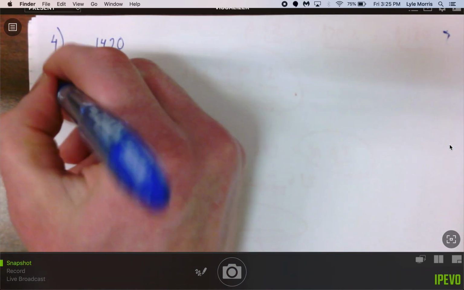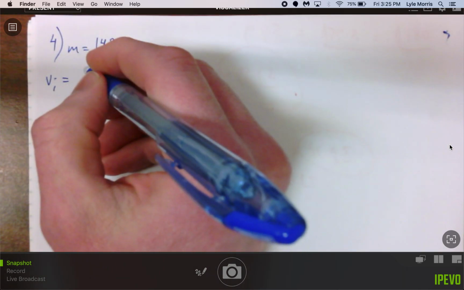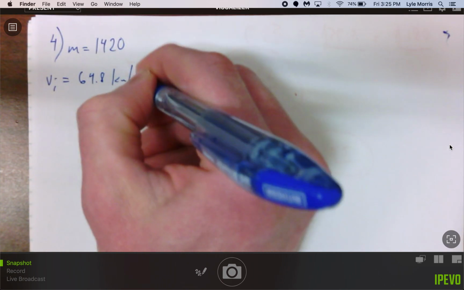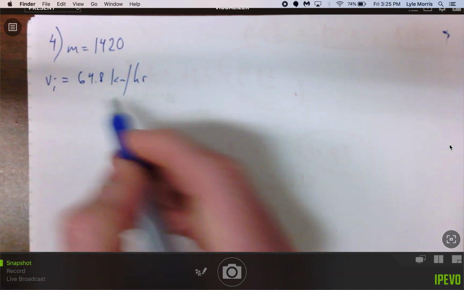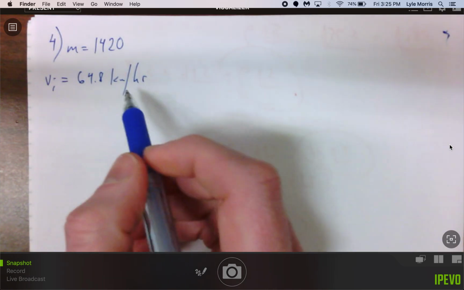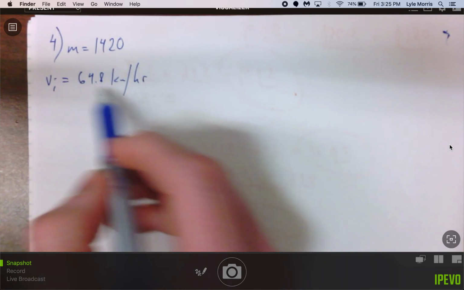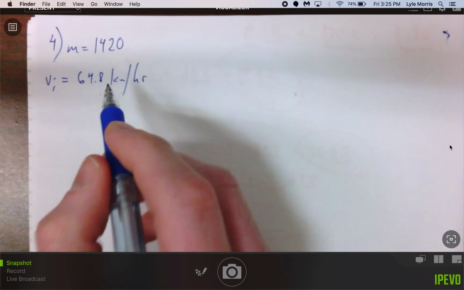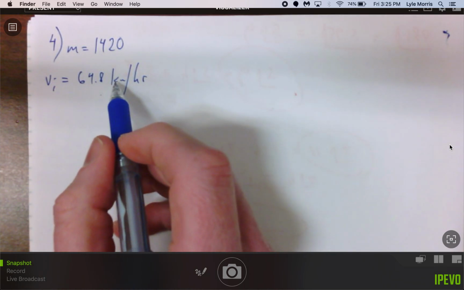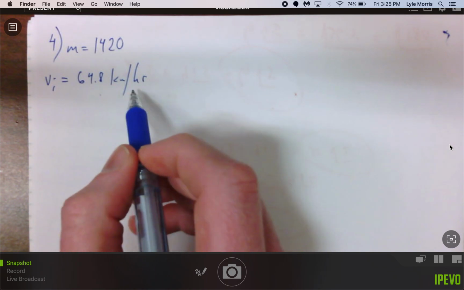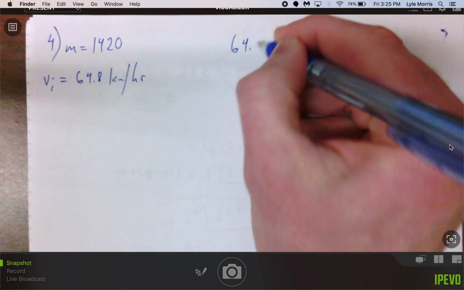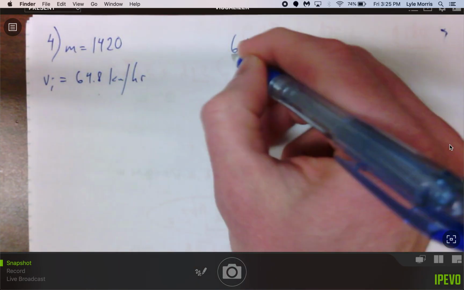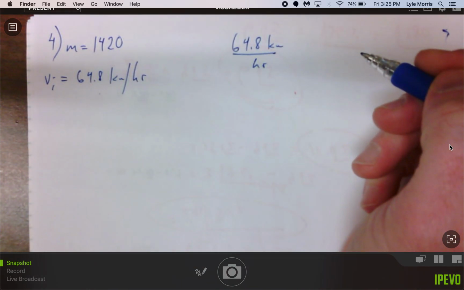Okay, so VI equals 64.8 kilometers per hour. We need this in meters per second. So to do that, instead of memorizing, I'd much rather you understand. We want to go from kilometers to meters and hours to seconds. So 64.8 kilometers per hour is kilometers over hours.